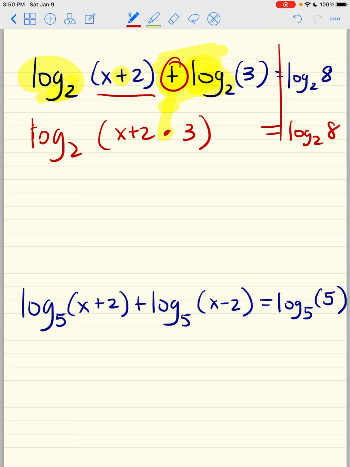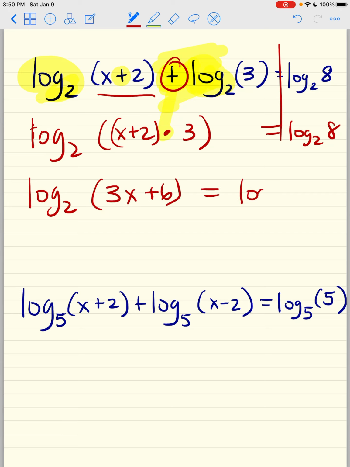So what do we do here? Well, we're almost done, guys. X plus 2 times 3. What is that? 3x plus 6. That's equal to log base 2 of 8. Great job. We got now only one log here and one log here. So we just set this equal to this. Okay?